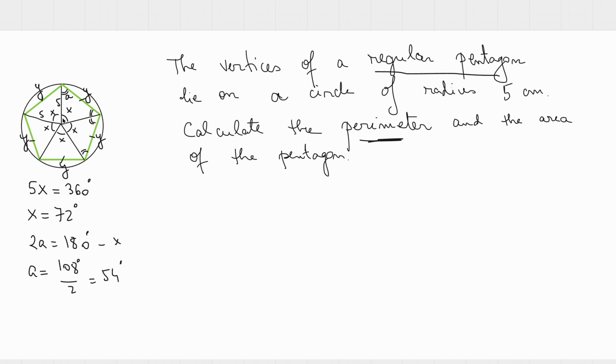In this triangle, we can use the sine rule, and we can compute y over sine of x is the same thing as this side 5 over sine of this angle, which is A. And from here we can find y, which is 5 times sine of x, so 5 times sine of 72 degrees over sine of A, which is 54 degrees.